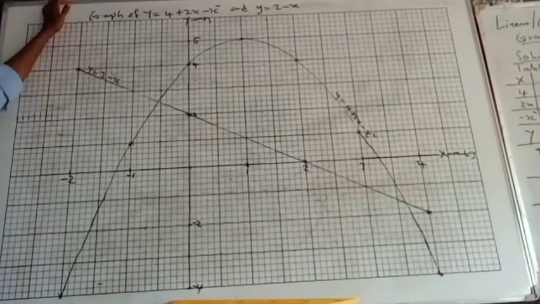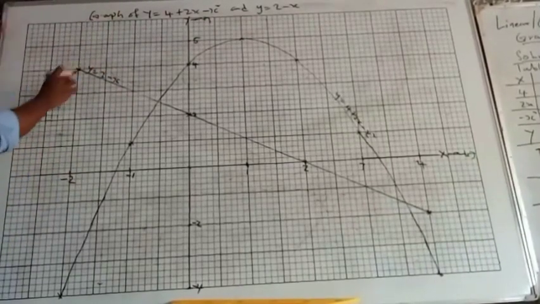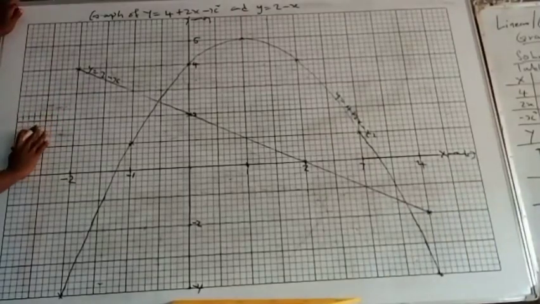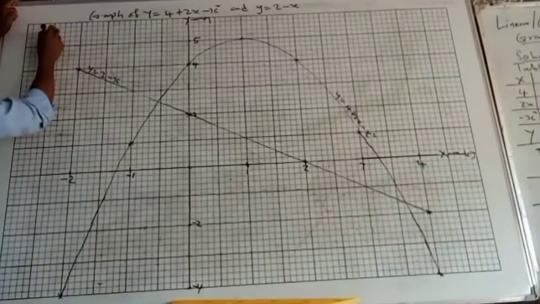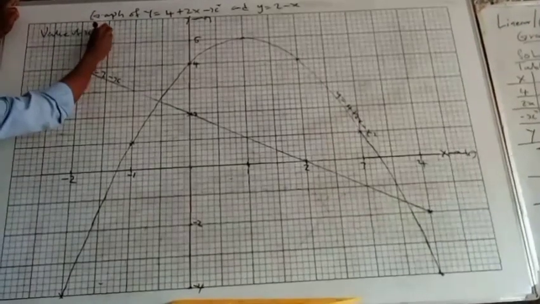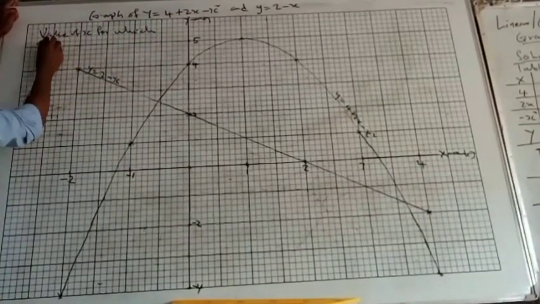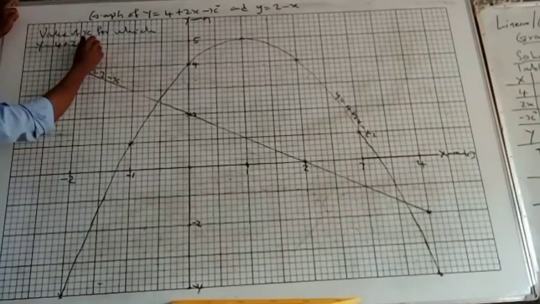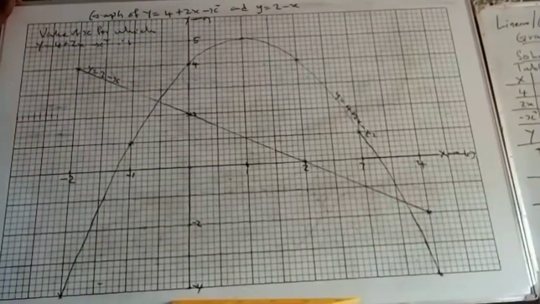We are saying, find the value of x for which this quadratic equation, y equals 4 plus 2x minus x squared, is maximum. Is maximum. What does that mean?